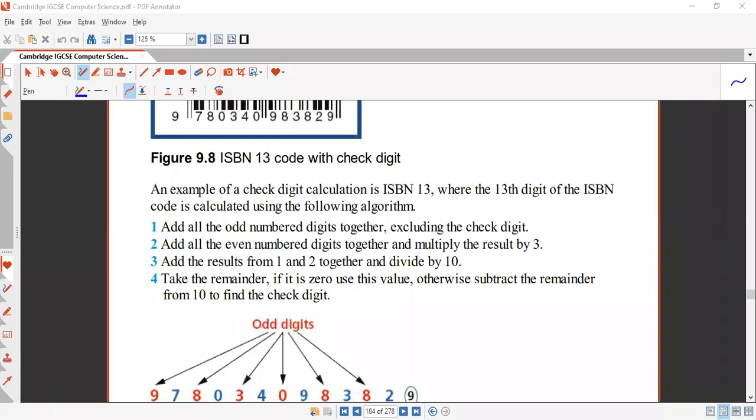Okay. Can you see the screen, guys? Yes, sir. Okay. So now we're going to start with one more error checking method.